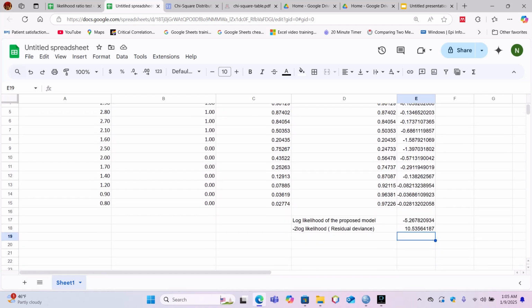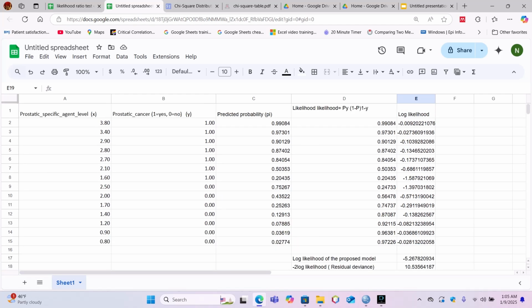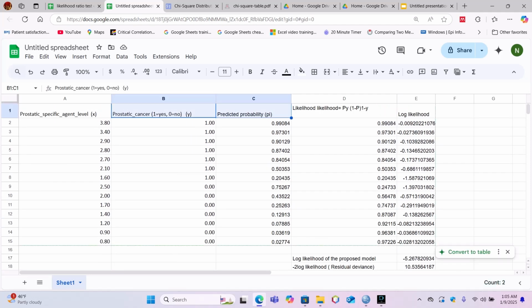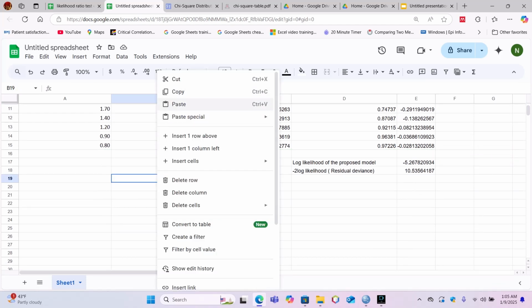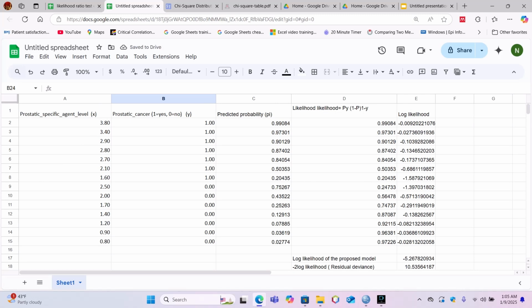Similarly, we can get a negative 2 log likelihood value for the null model. For a null model, we don't have a predictor, we only have the dependent variable, so we'll only copy the dependent variable columns for the null model also.